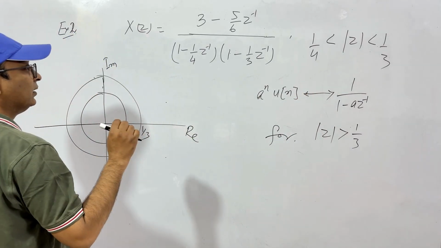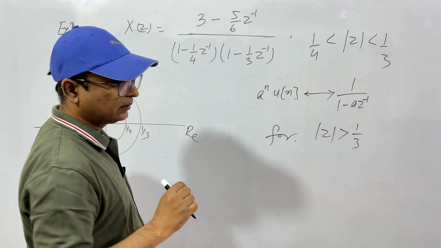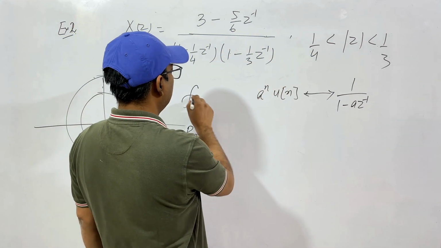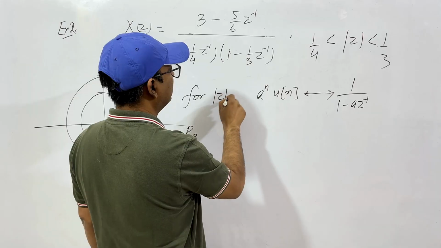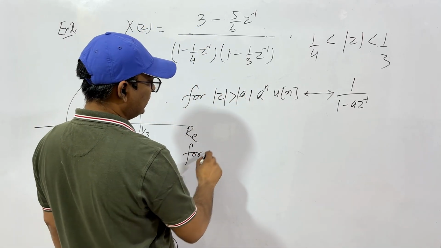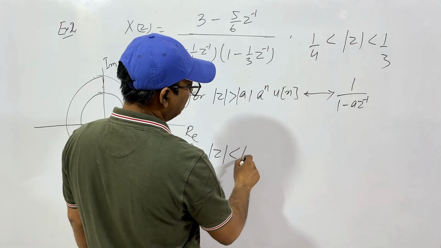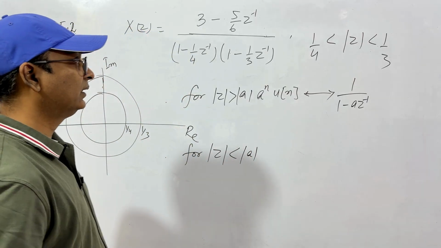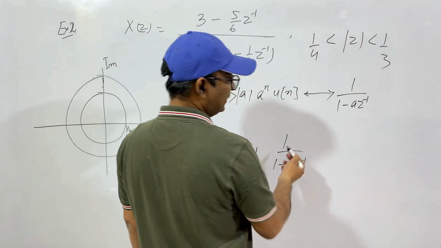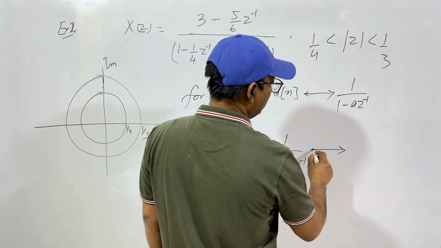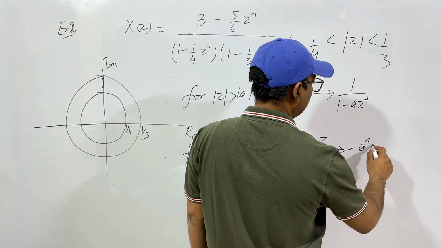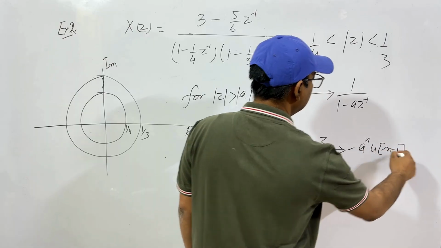I'm writing here for Z greater than a. The second example that I had discussed was for Z less than a. If Z is less than a, then this 1 by 1 minus a Z inverse, this X z, is actually the Z transform of minus a to the power n u minus n minus 1.